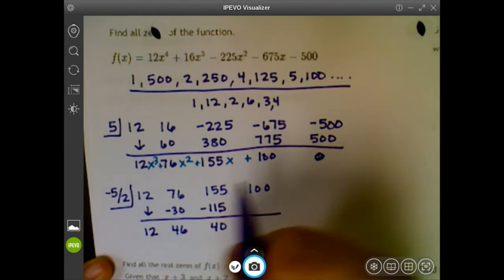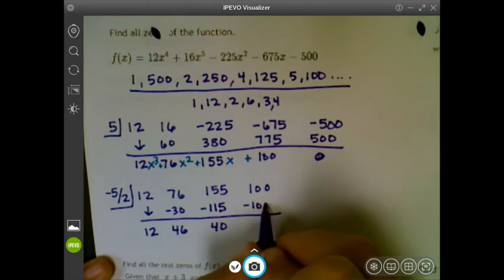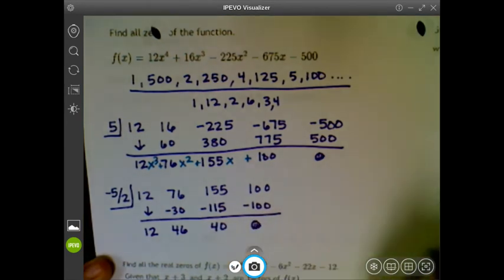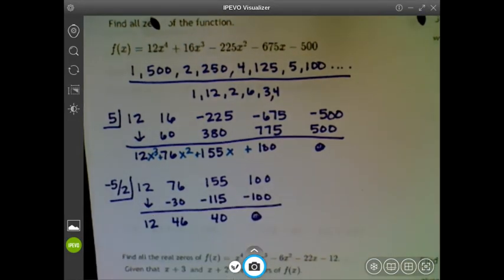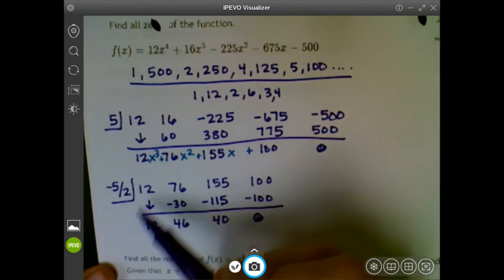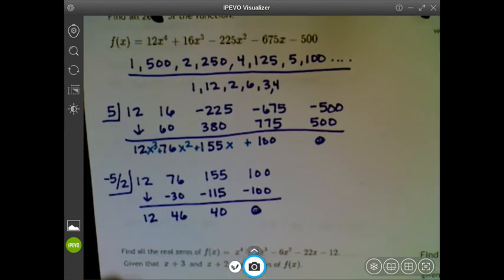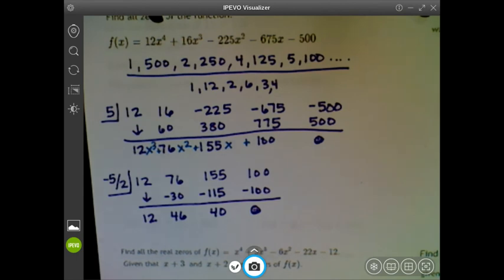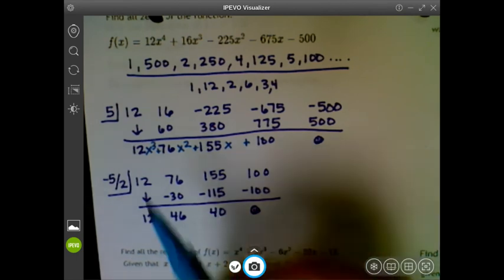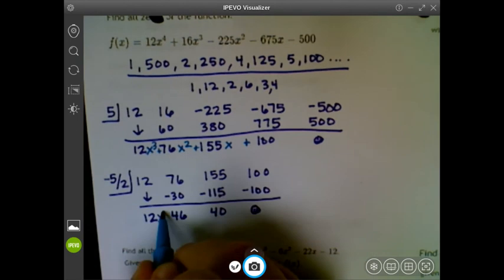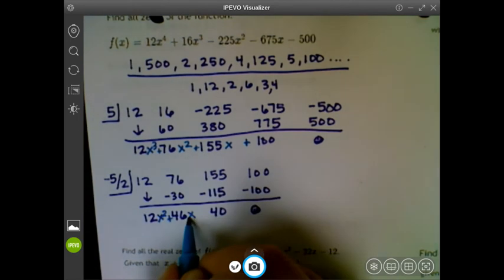And multiply, that's a negative 100, which means that we do have a 0 at the end. So that is, in fact, a 0 as well. And like I said, if we were in person, I would have you actually find these, but it wouldn't take us as long because everybody would start in a different spot. All right, and because this was a cubic, this one is now a quadratic.